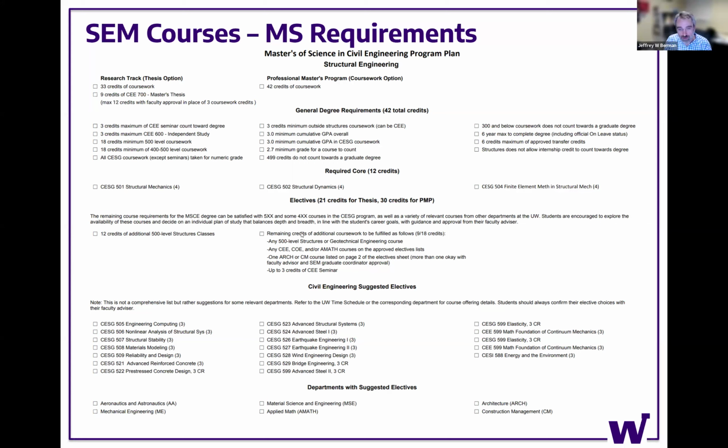And then the remaining credits, which would be 9 credits for thesis students or 18 credits for professional master's program students, can be filled with any 500-level structural or geotechnical engineering course, any CEE, COE, or AMATH courses that are on the approved electives list that is down below.